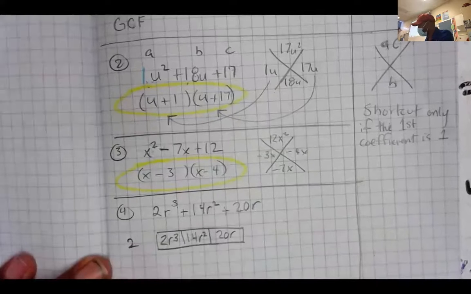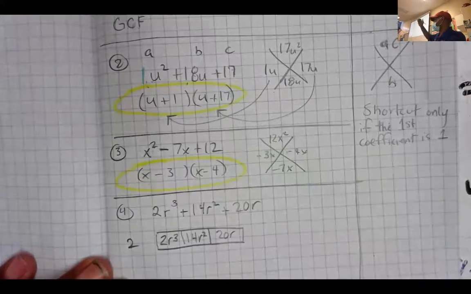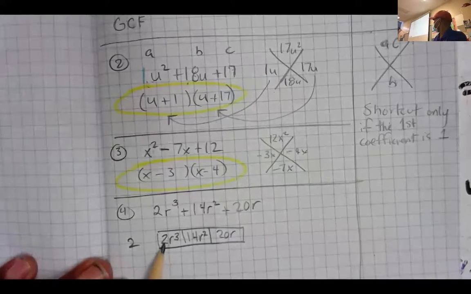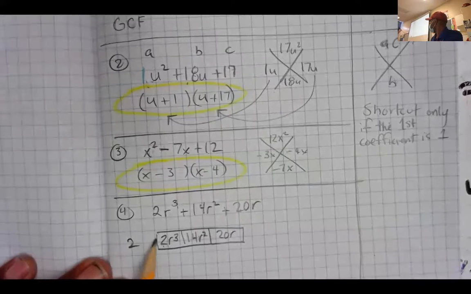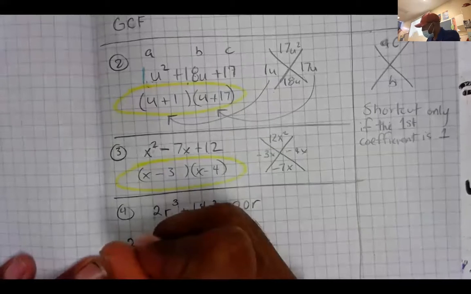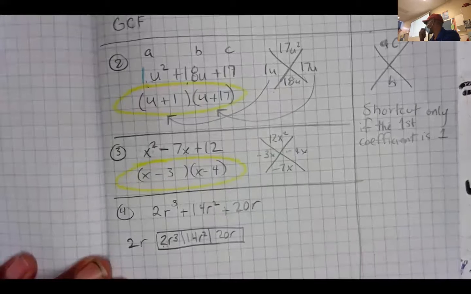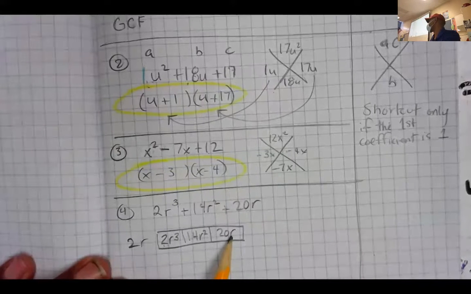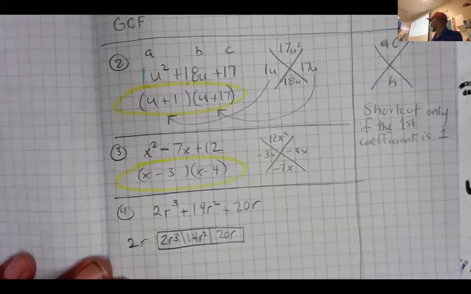And I know that they all can be divided by 2. That's the greatest common factor because the smallest number is 2. And then how many r's do they have in common? They all have at least 1 r. Really the one that has the least amount of variables or letters, that's the one you're going to go off of, or the smallest number for the coefficient.